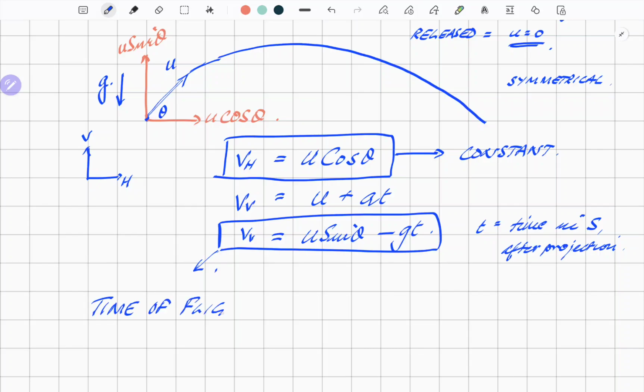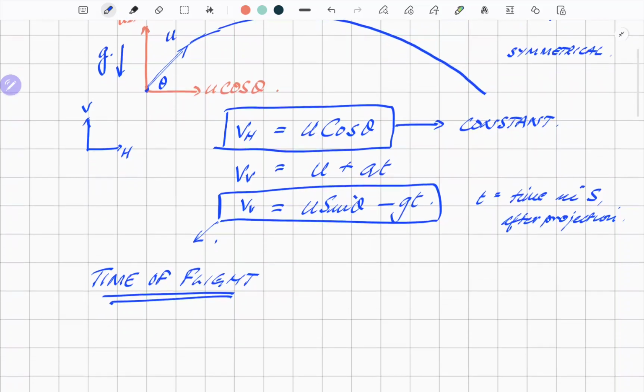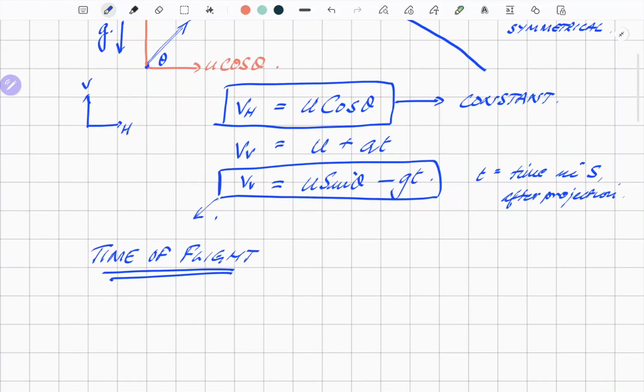And this is almost every single question you come across. This thing is really, really essential. Basically, it means how long does it take for the whole thing to go up and come down again? And you remember from equations of motion, you've got s equals ut plus half at squared. So s is what in this case? What is s generally? Distance.